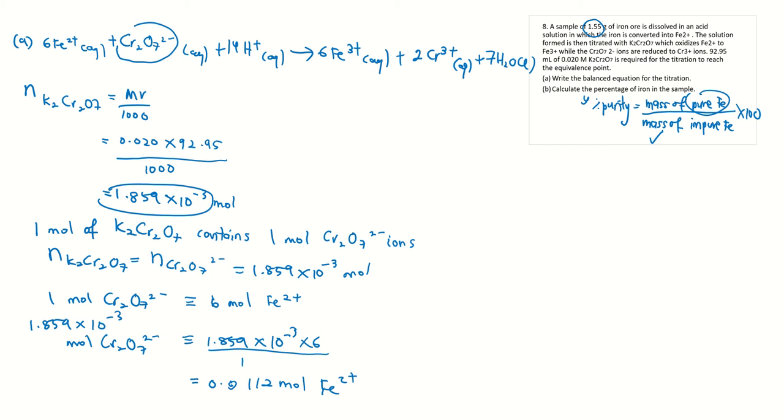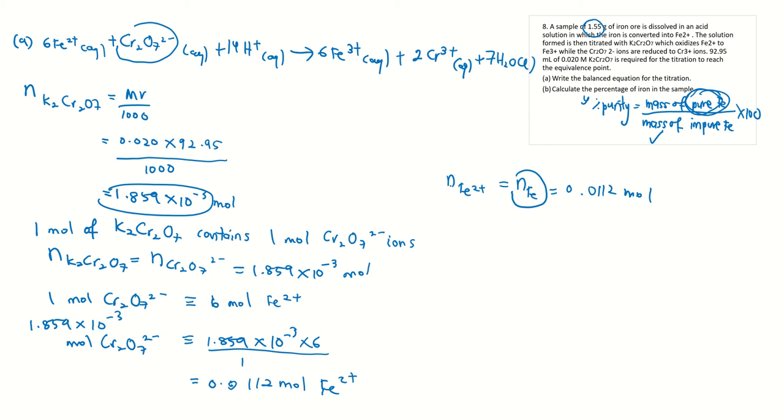Now we want to calculate the mass of iron, not iron 2+, so you need to determine the mole of iron first. Mole of iron 2+ equals mole of iron, which is 0.0112 mole, because the ratio is 1 to 1.